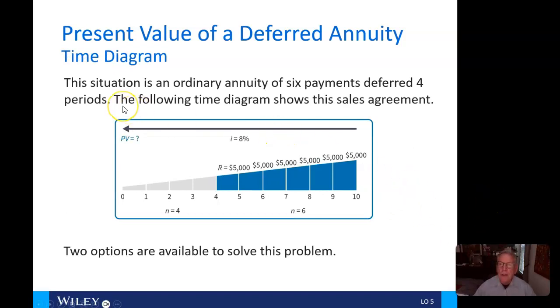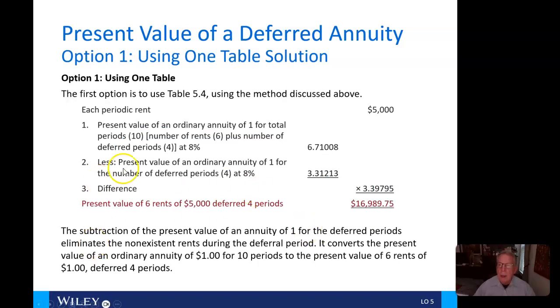So first, this situation is an ordinary annuity of 6 payments deferred 4 periods. So 2 options are available to solve that problem. Okay, so we have the 4 periods here and 6 periods there. Okay, the first option is to use table 5.4 using the method discussed.